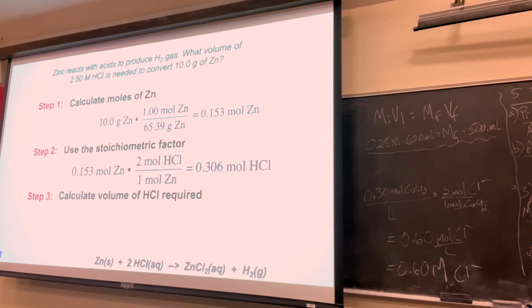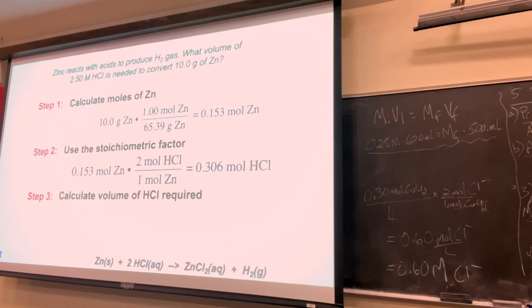All right. Now, the new part is about this molarity, and it's 2.50 M. And remember, big M just means moles per liter. So that's moles of HCl per liter of HCl. Here we've got moles of HCl in this reaction.